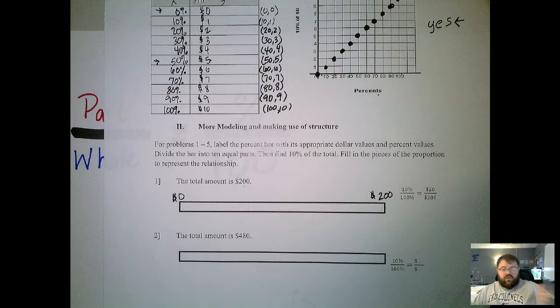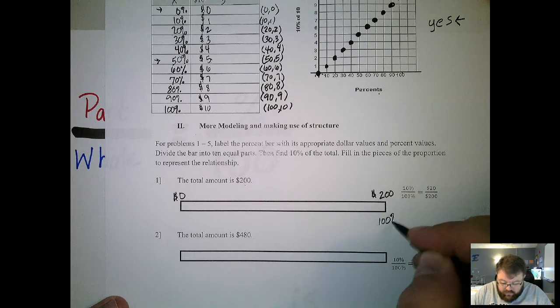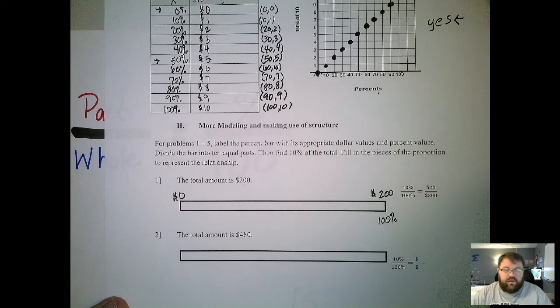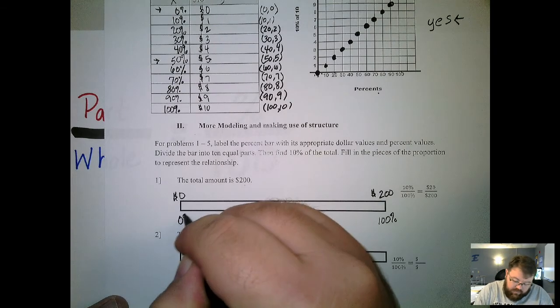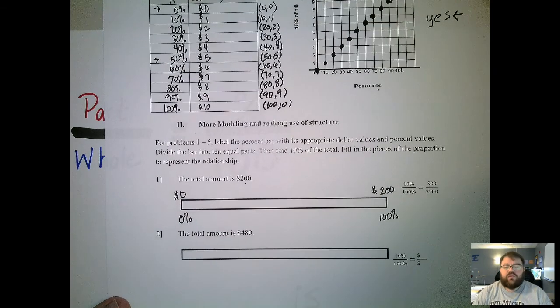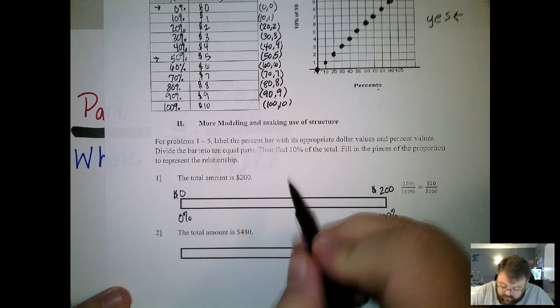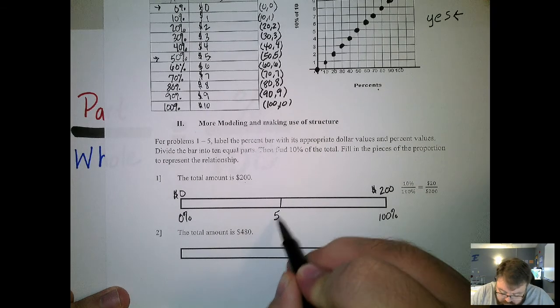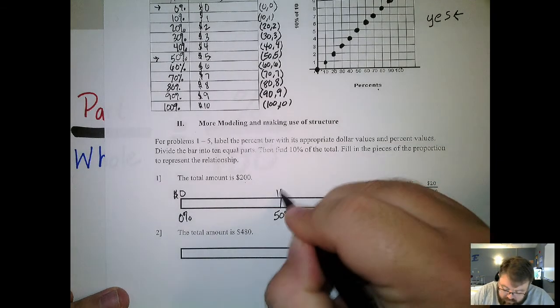Now from here, you should be able to fill some things out. 200 represents 100% of the bar. $0 is 0%. The number we can think of, hopefully easily, is 50%. What is 50% of 200? Hopefully you said $100.